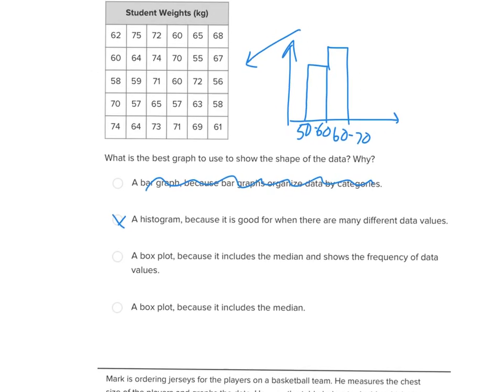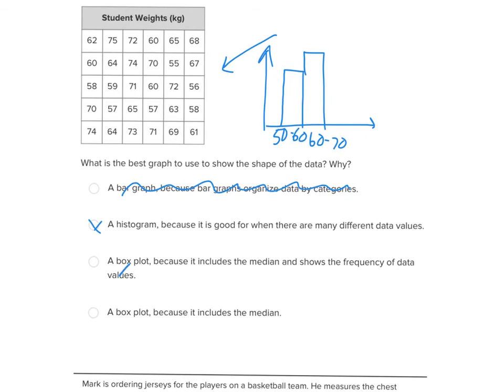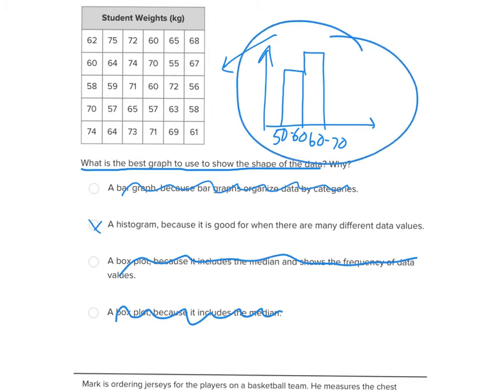So that would not be a reason. And if we're looking for the best graph to show the shape of the data, a box plot would not be the best one because it includes the median. Including the median doesn't necessarily show the shape of the data. I think we're looking for a histogram here. Histogram. Okay.